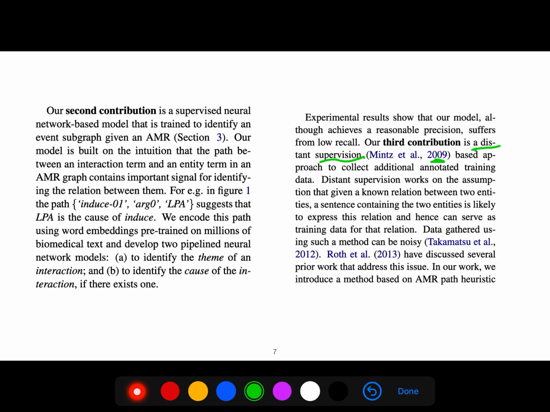Distance supervision works on the assumption that given a known relation between two entities, a sentence containing the two entities is likely to express this relation and hence can serve as training data for that relation.